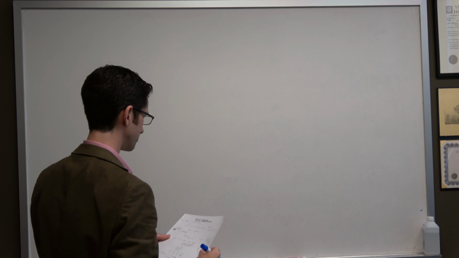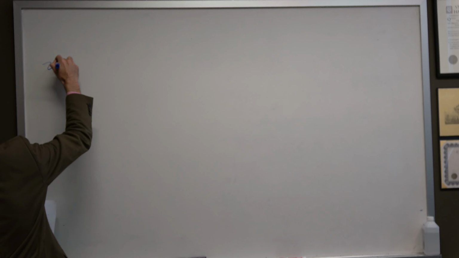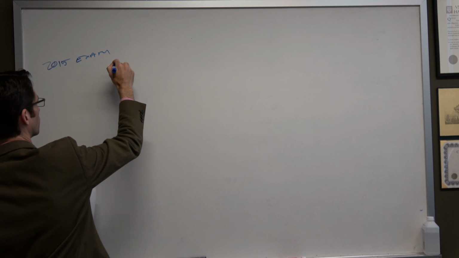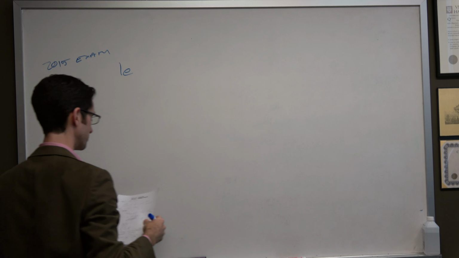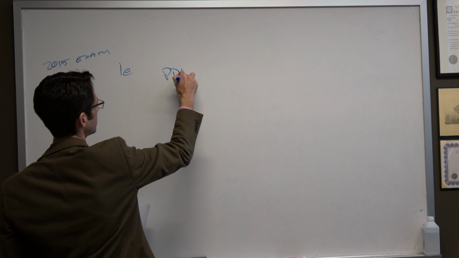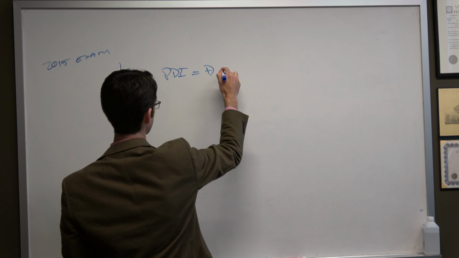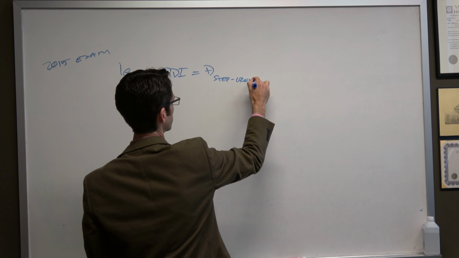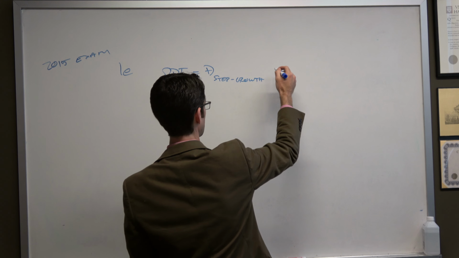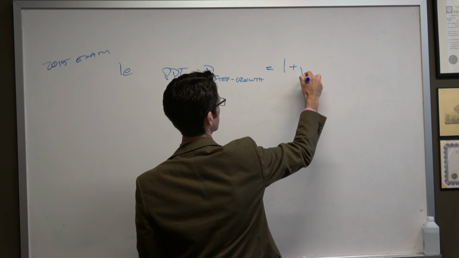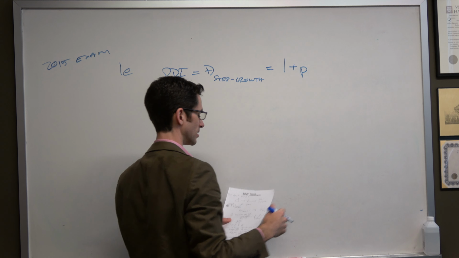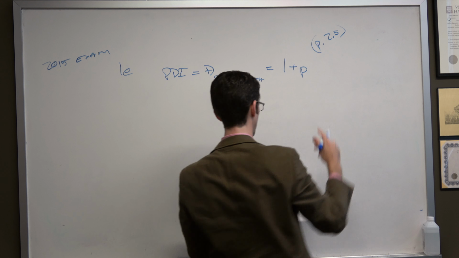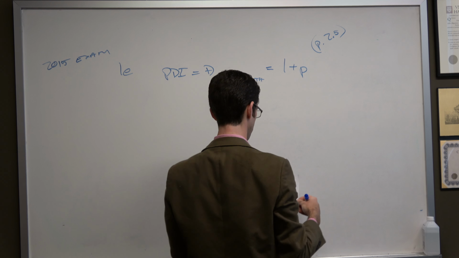So let's say the 2015 exam, 1E, the PDI, or dispersity of a step growth reaction, is 1 plus the extent of polymerization, and this is on page 2.5 of the notes.